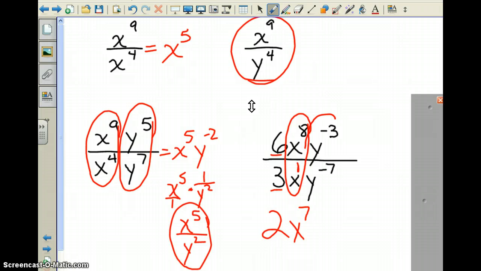And on my y's here, we're going to have to be real careful with our subtracting. Base of y, and then our exponents, -3 minus -7, will actually become -3 plus +7, which will make y to the 4th.